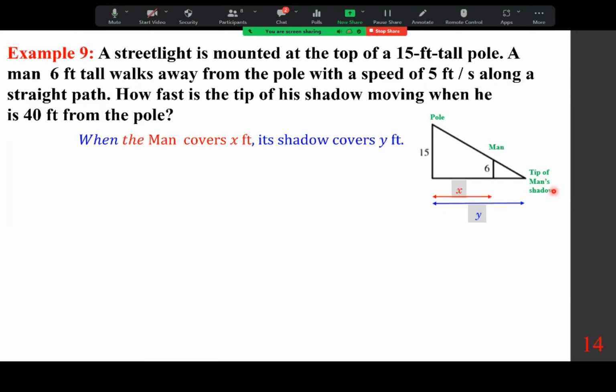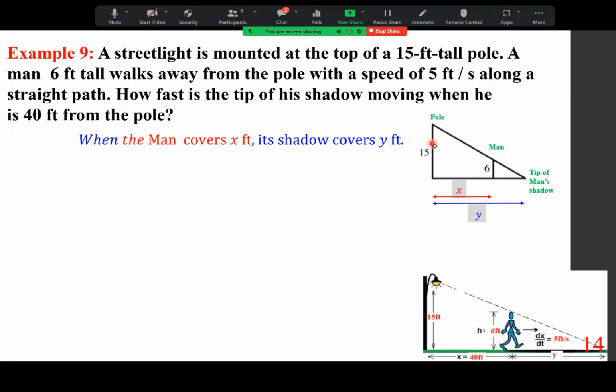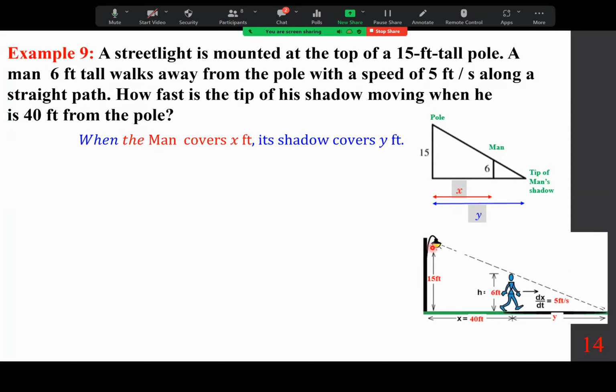This is the tip of the man's shadow. The man is 6 feet tall, and the pole is 15 feet. Here's another way of putting it: 15 feet pole, 6 feet, that's the height.